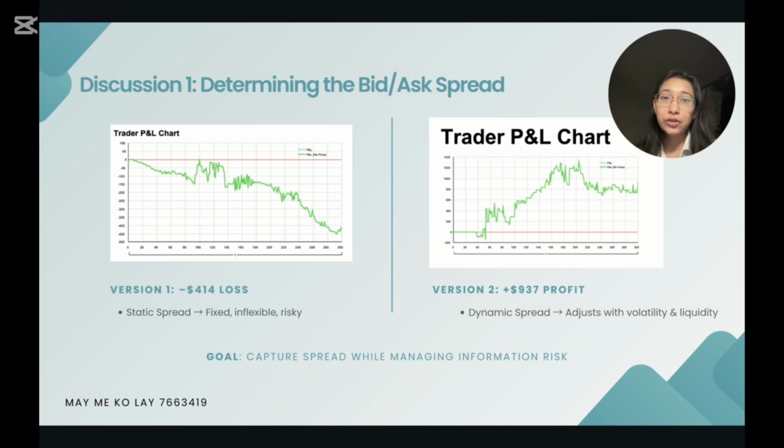Version 2 introduced a dynamic spread, centered on a mid-market price and refreshed automatically. This allowed it to tighten during stable periods and widen during volatile movement, leading to a profit of $930. Ultimately, a dynamic spread mirrors professional market maker behavior, balancing liquidity provision with controlled risk.